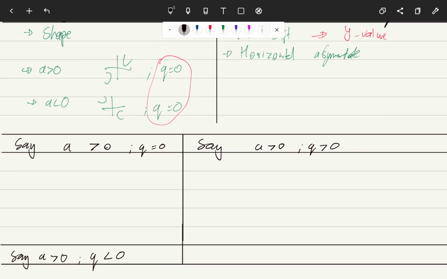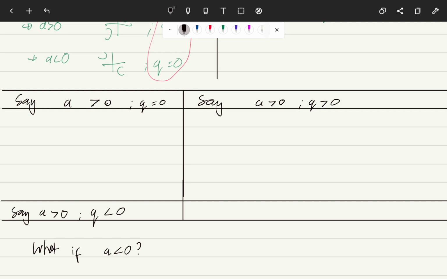We can move on. Just wanted to show you something here. In this case, where a is 0 and q is 0, we're going to have our graphs like this.